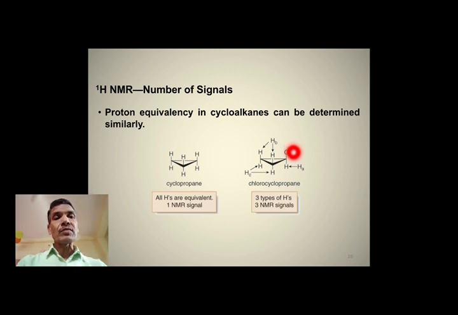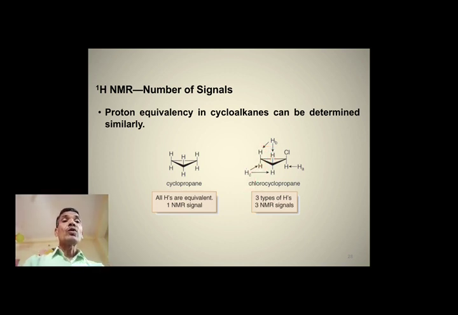Now here in this example, these two hydrogen atoms which are above the plane near to chlorine are represented by B. These two hydrogen atoms lying below the plane are represented by C, and this one hydrogen atom attached to the carbon having chlorine atom is represented by A. So chemical environment of A, B and C is different.